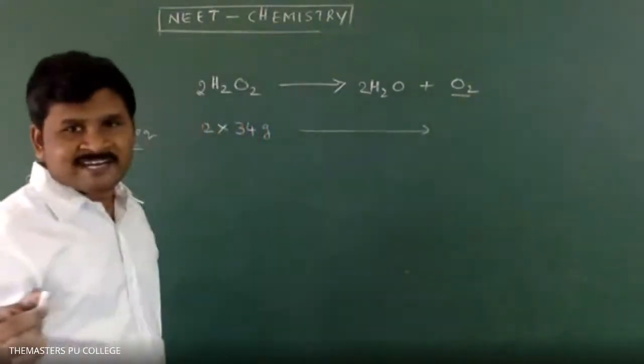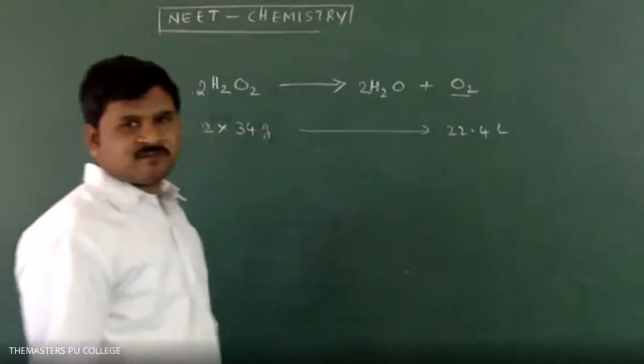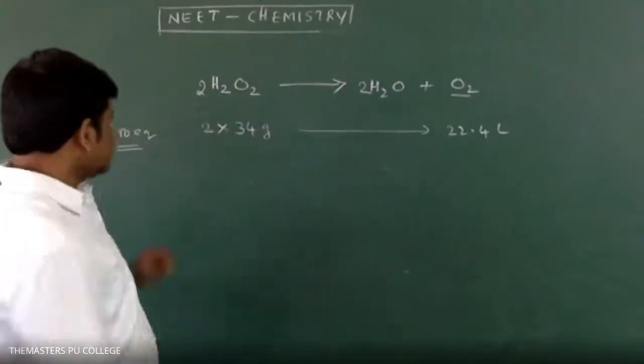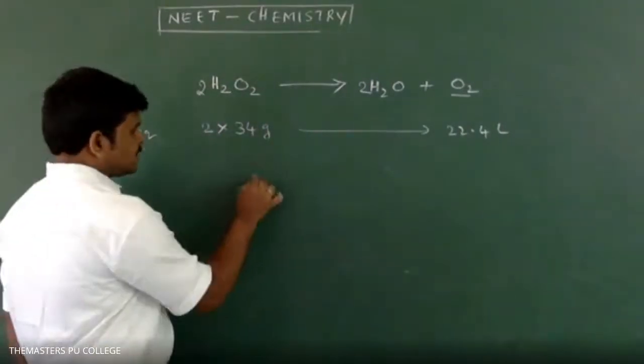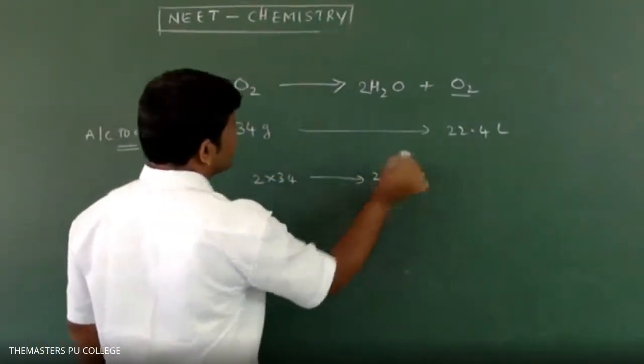How many moles are we getting? 1 mole. 1 mole means how much volume? 22.4 liters. Is this understood? According to the equation, 2 into 34 grams gives 22.4 liters.